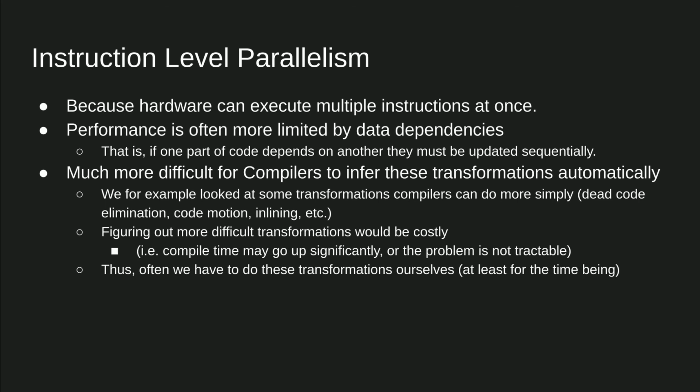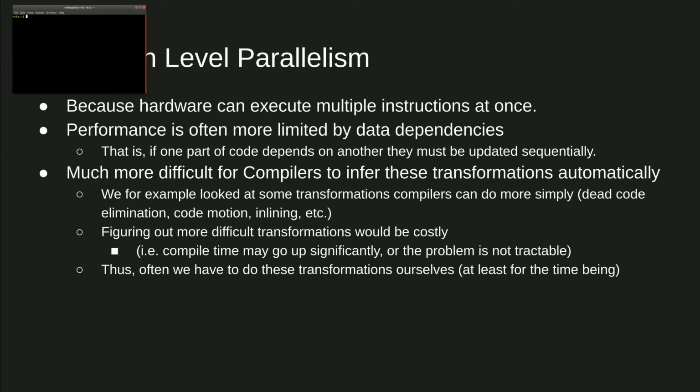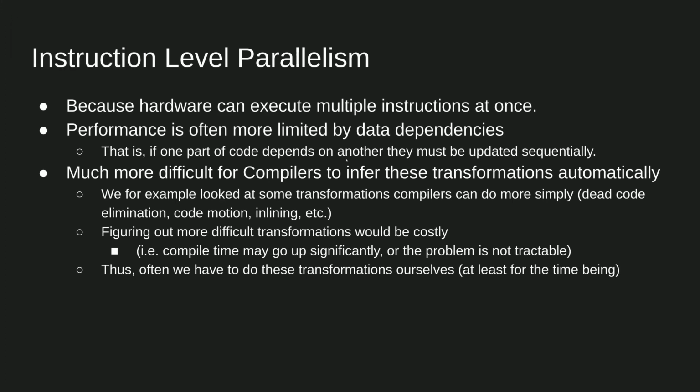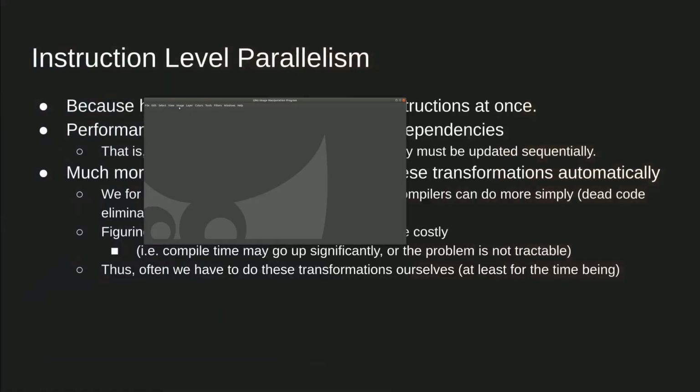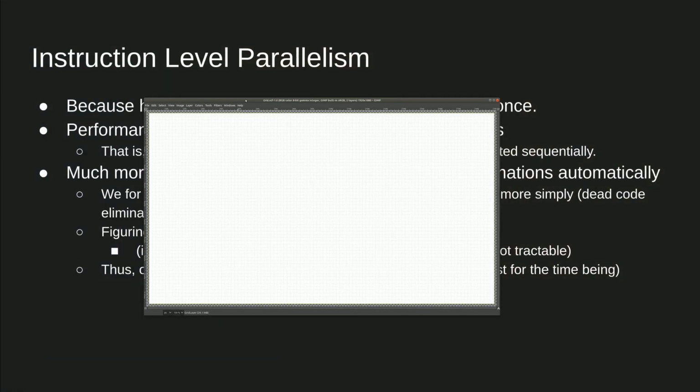Oftentimes we don't do that because we have different data dependencies. But if we look at some of our math operations, when I'm doing a component by component addition or multiplication, there's no dependency. Let me show you what I mean visually. Let's open a graph here.